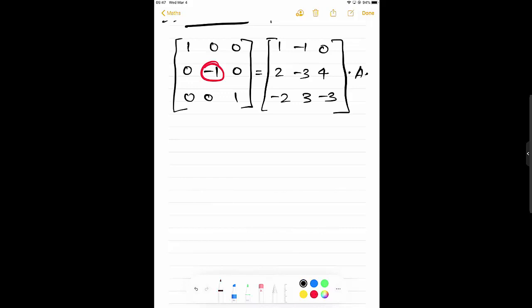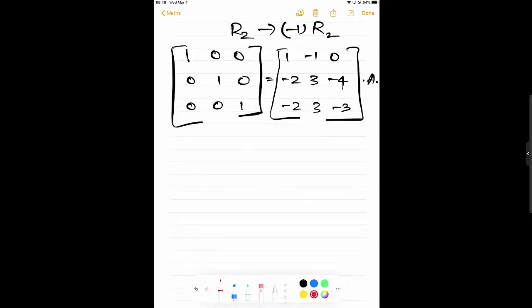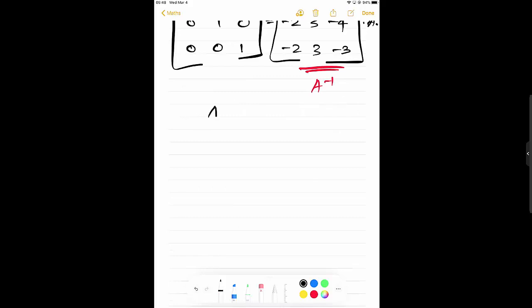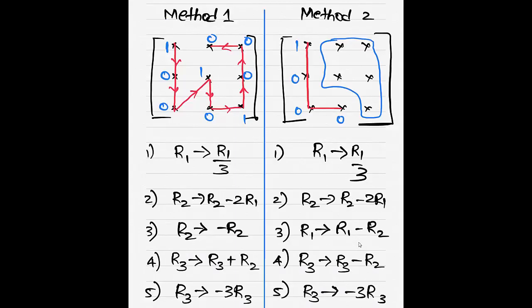What you can do, simple, R2 implies I am going to multiply minus 1 to R2. Just multiply minus 1 to row 2, and the right hand side, minus 2, 3, minus 3. Here finally we got an output, A inverse. This is the value of A inverse. Final output A inverse equals a 3 cross 3 matrix. Hope you understood how to solve the inverse of the matrix.